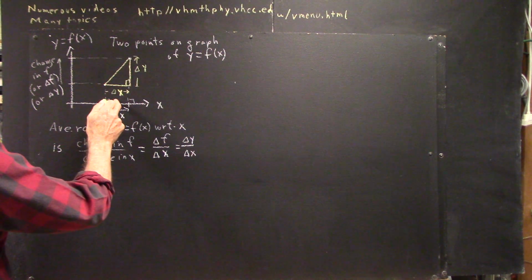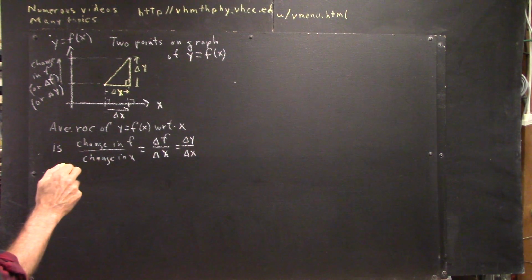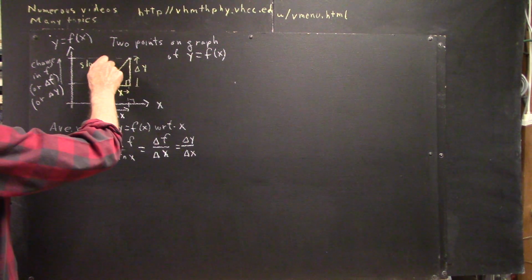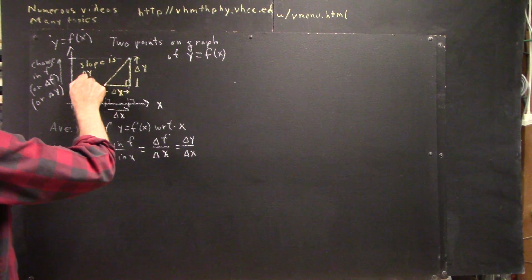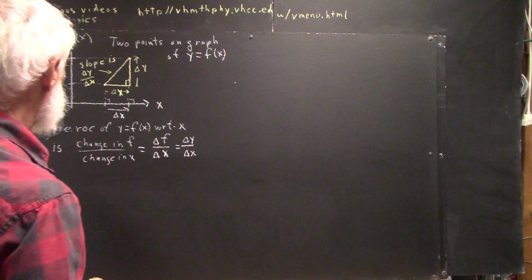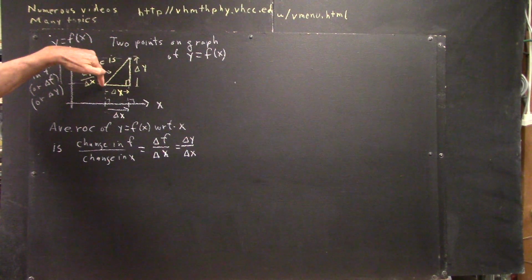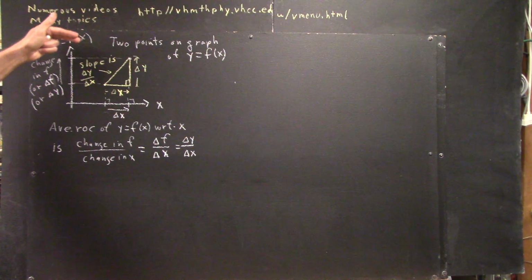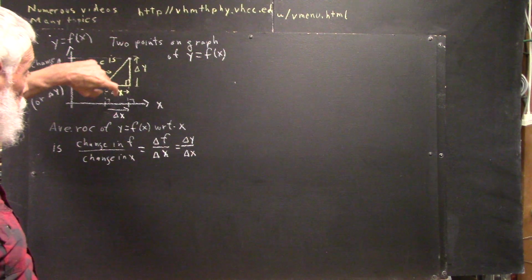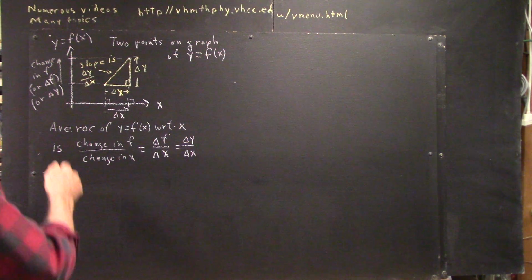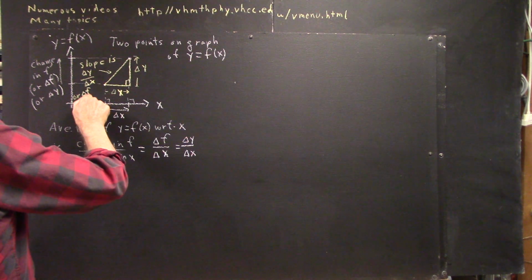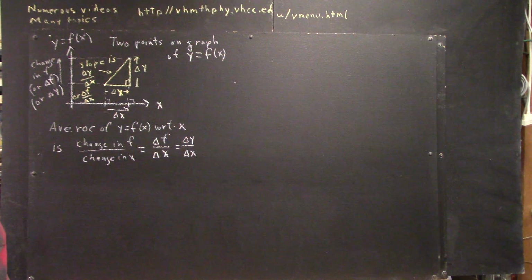Delta y divided by delta x is, well, I'm going to say it's just the slope of this line. Okay, because the slope of a line segment is its rise divided by its run. And we have a rise that corresponds to delta y, a run that corresponds to delta x. And of course that could also be delta f over delta x.